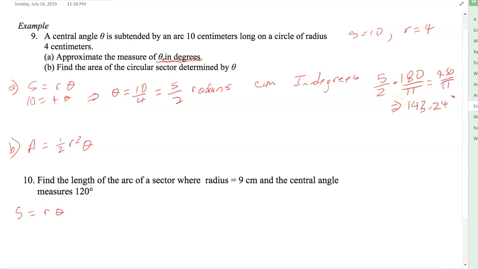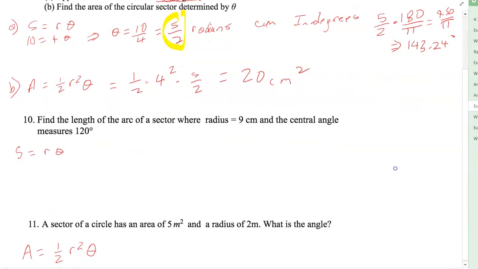Okay, now let's find the area. Area is equal to 1/2 r squared theta. It's going to be equal to 1/2 times r, which we know was 4, squared, then theta, which is the one in radians. So we take 5 over 2 radians and put that in. So that's 5 over 2, and you get 20 centimeters squared.